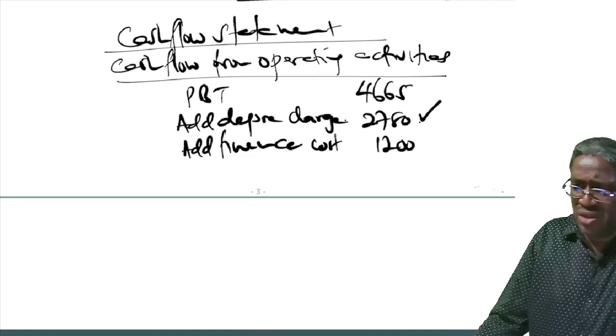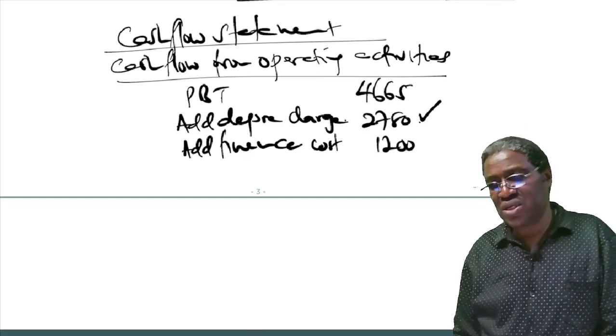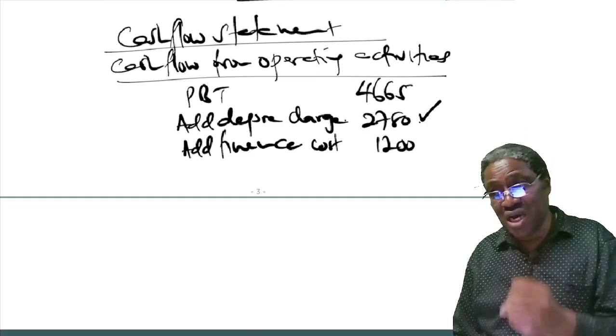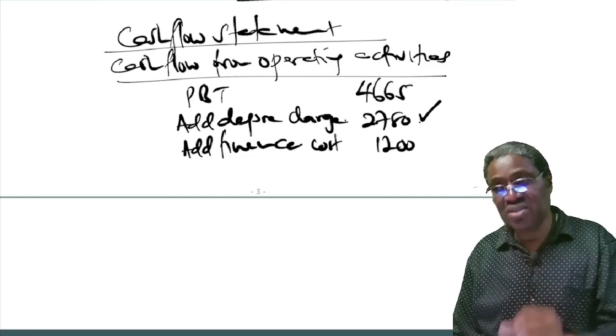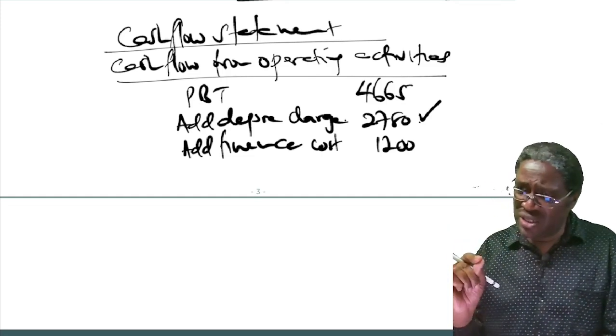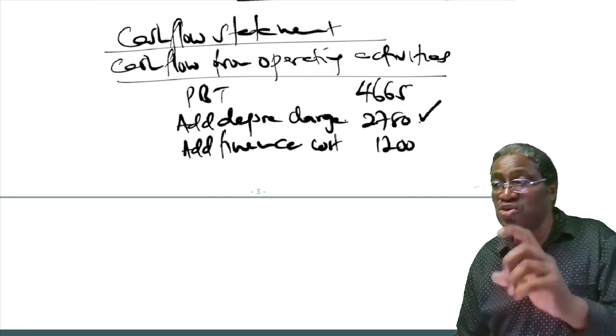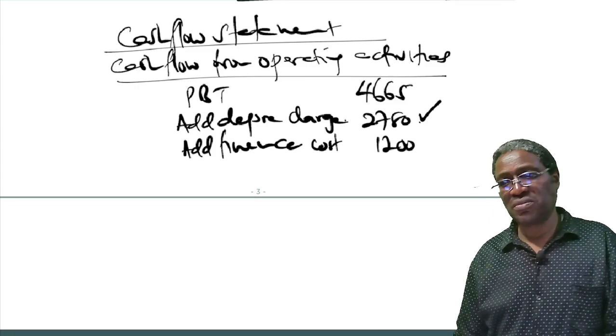Listen to this now. Let's go and identify other non-cash items. How do we get them? Just as a reminder, you go back to your income statement.